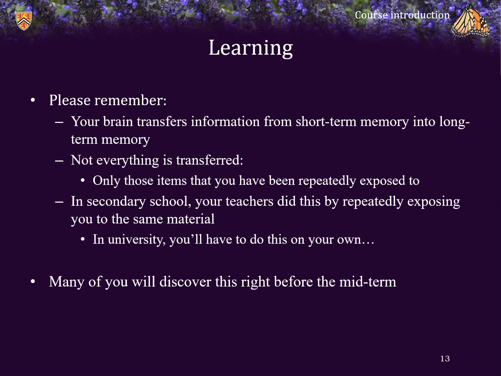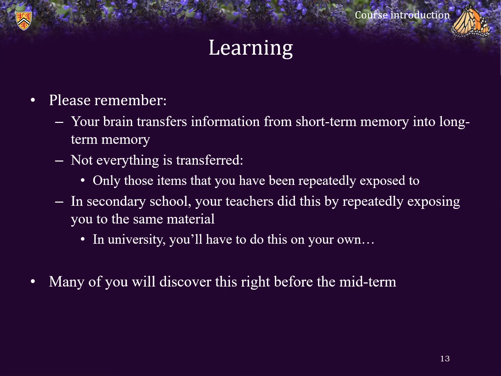And not everything is transferred to that long-term memory. The way your brain works is only that information that it understands is important is transferred to long-term memory. Basically, something that you see over and over again ultimately gets transferred from short-term to long-term memory.